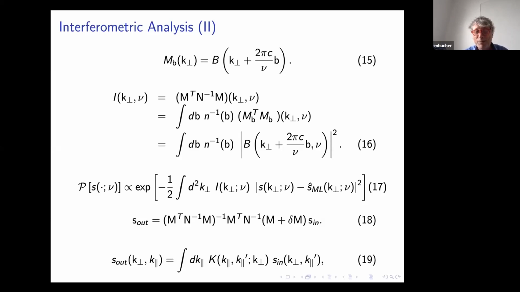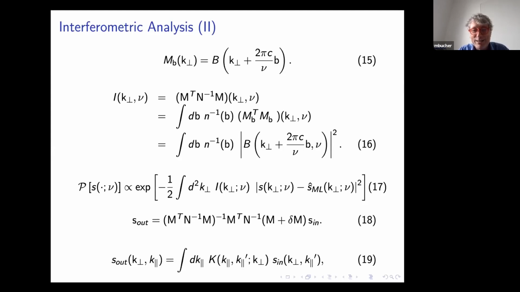So k perp, the wave number in the sky direction, is conserved because of this drift scan approximation. So in M modes, it would be that the different M's don't mix.